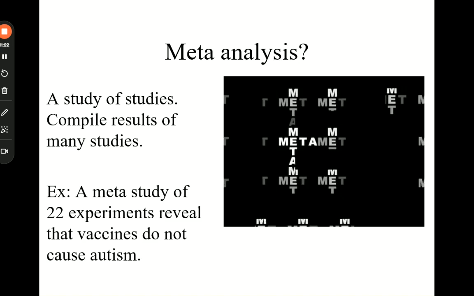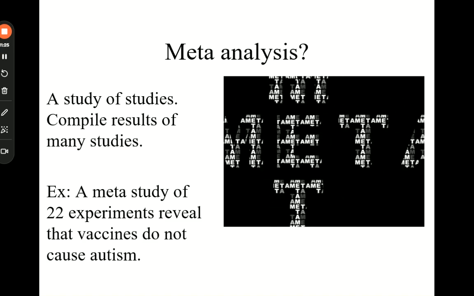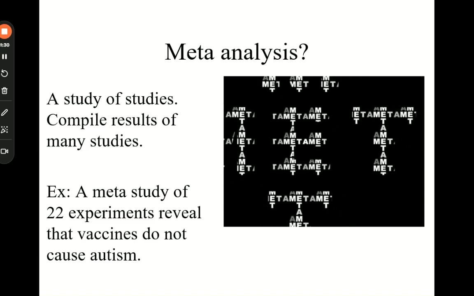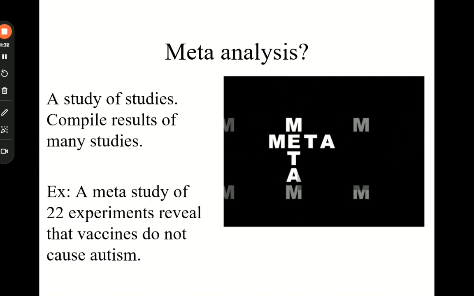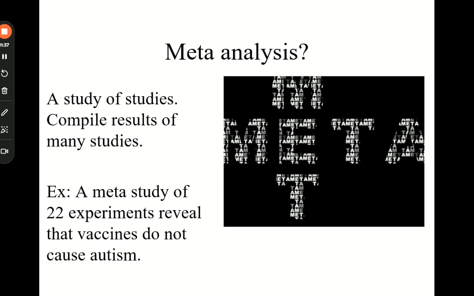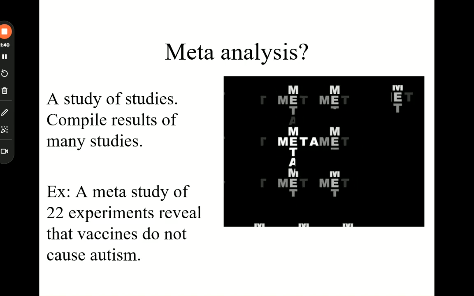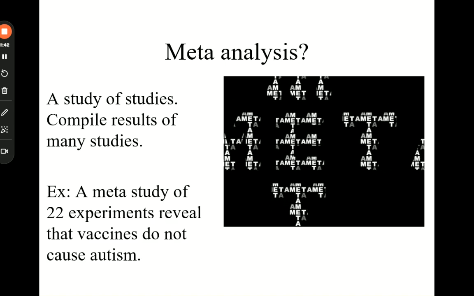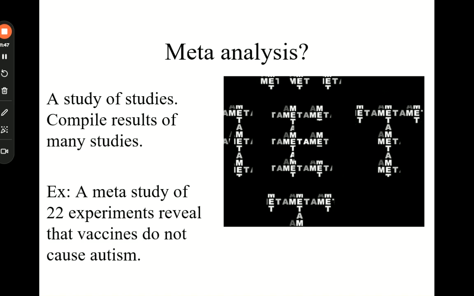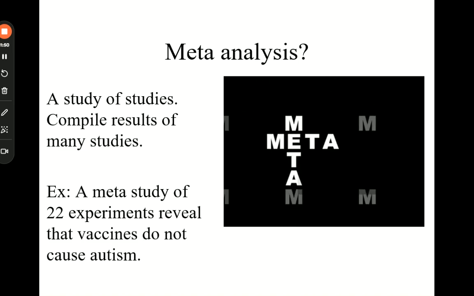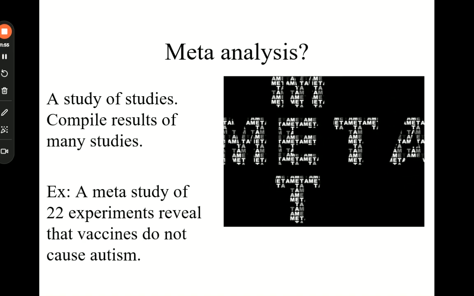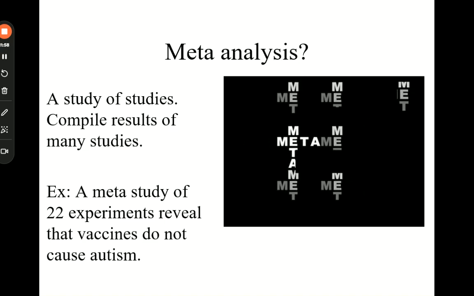Okay. All right, moving right along. Write this down, meta-analysis. So let's say I want to know if vaccines cause autism. By the way, that's a reasonably common idea that a lot of people have in this country. And this is way before COVID and anything. People think bad things about vaccines. So let's say you find a study, and this one study says, no, vaccines do not cause autism. Well, that's great.